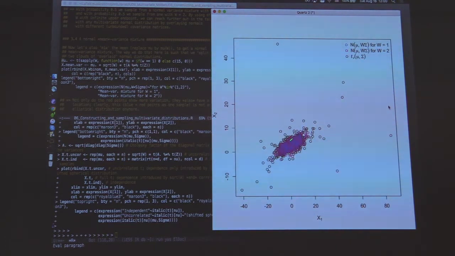And then here you see samples from a normal again, but here the w is 1, and here the normal with w being 2. And with probability 1/2, they are 1 or 2. So you see half of the samples in the blue cloud and half in the red cloud. And you really see how the t is now constructed. Essentially, you overlay normals with different realizations of your w. So you overlay normals with different covariances.